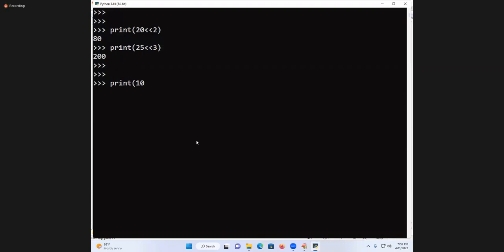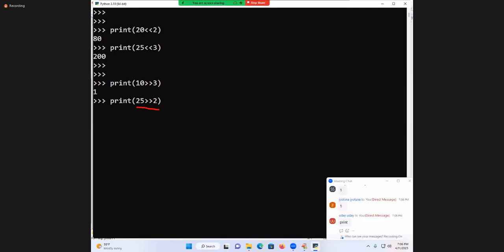Apply it quickly now. Print of 10 double greater than 3. The answer is 1. One more question: 25 double greater than 2. Answer please. What is this shift operator? Right shift.